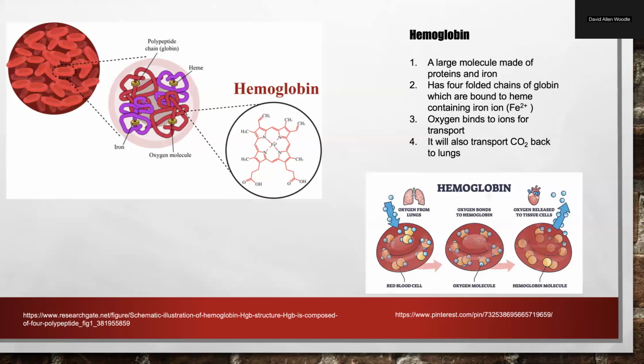So if we move to hemoglobin, that is really an interesting design where we have these 4 folded chains that each have an iron ion, and that's where the molecule of oxygen is tied to. So we come from the lungs, we move it through the bloodstream, and then it's released to the cells where we need it.